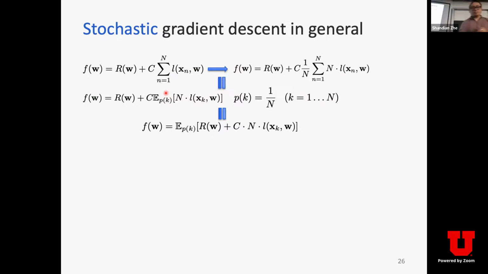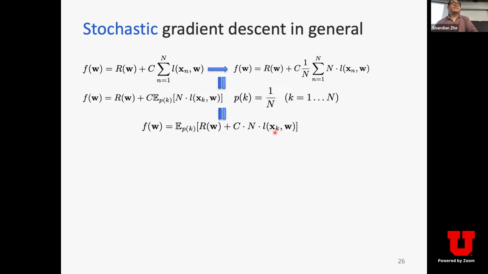Because the regularization term is constant with respect to all those data points, x1 to xk, you can move this constant R of W inside the expectation. So we can represent our original objective F as an expectation over R of W plus C times n times L, the loss over some randomly picked data point in your data set and W.